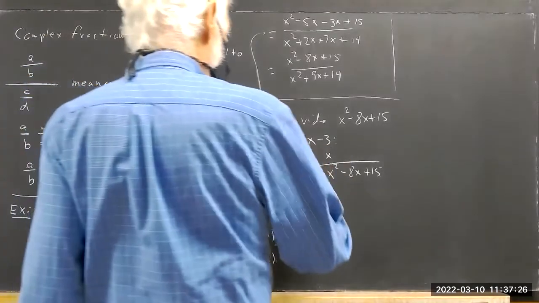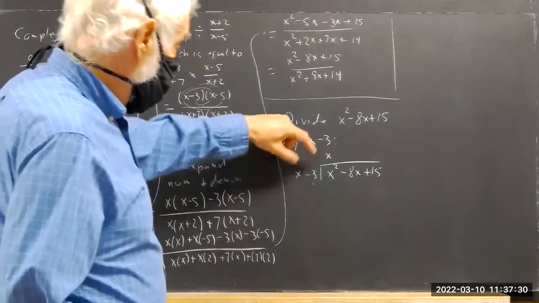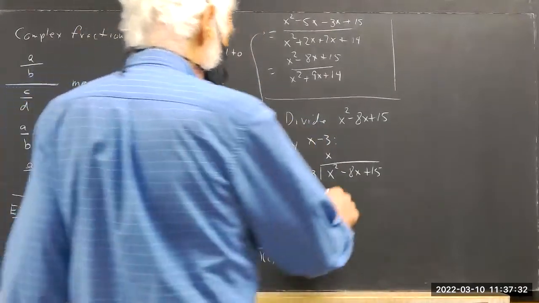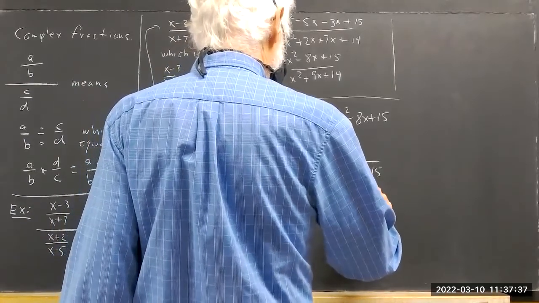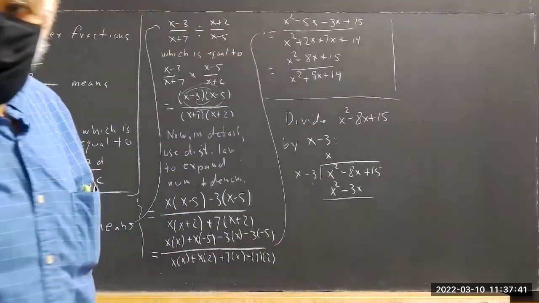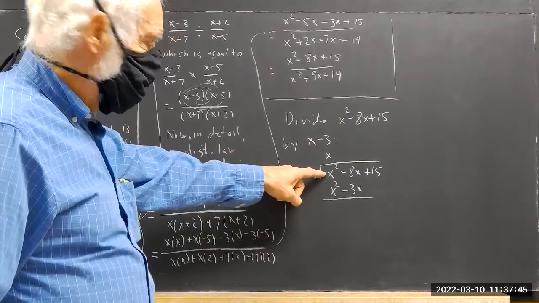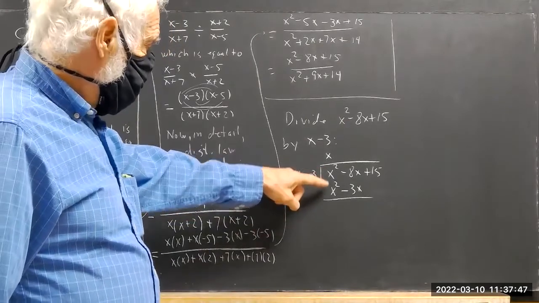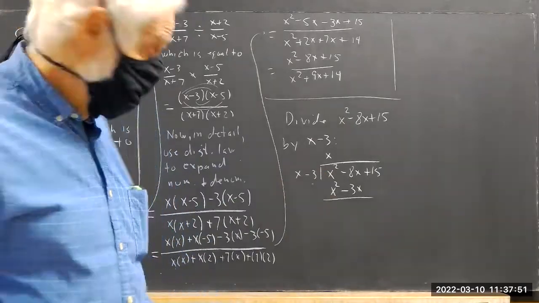Then I'm going to multiply this by this using the distributive law, x times the whole x minus 3, which is going to give me x squared minus 3x. Now we've got our x squared. If we subtract x squared from x squared, we're going to get 0, right?